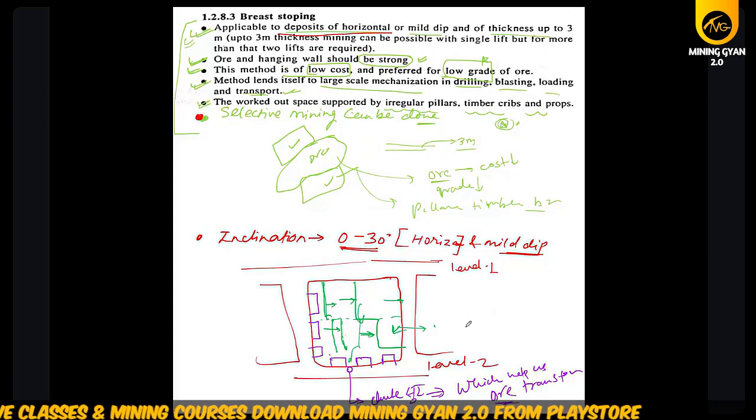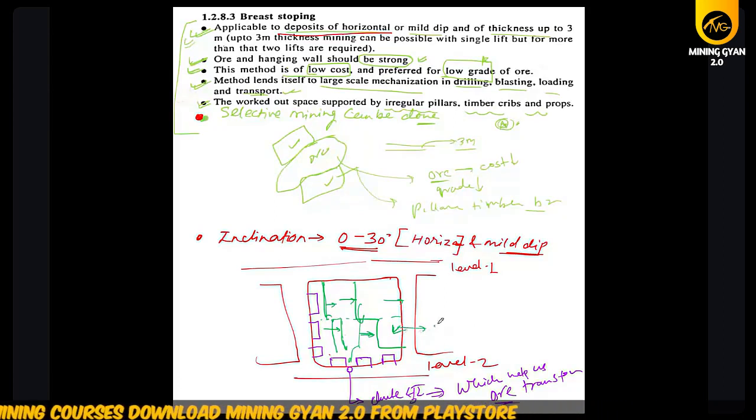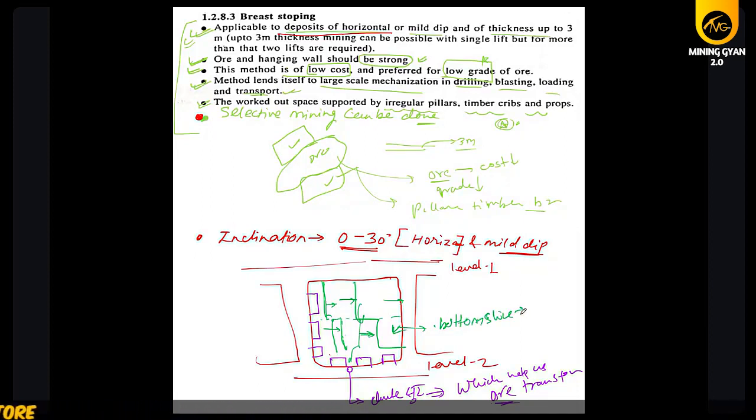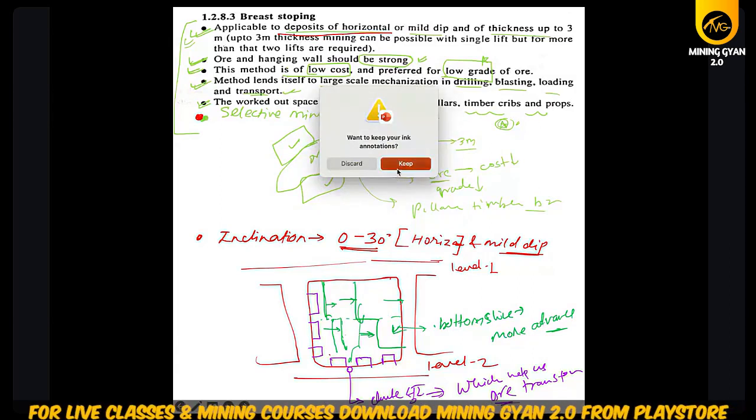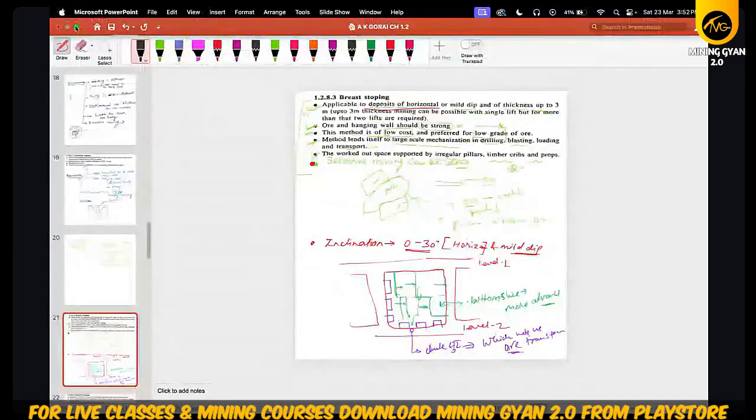Okay, this is the driveway. Why is this bottom slice more advanced? This is the upper slice. Okay, if I had a video I would show you, otherwise I tried to explain already.